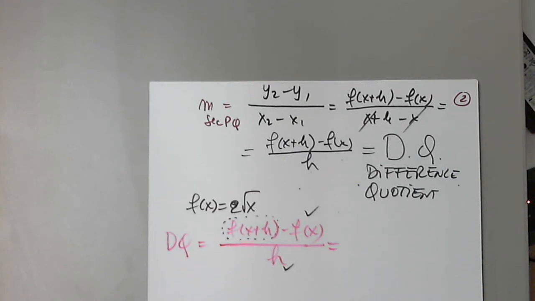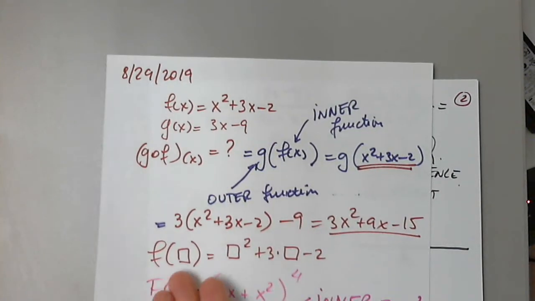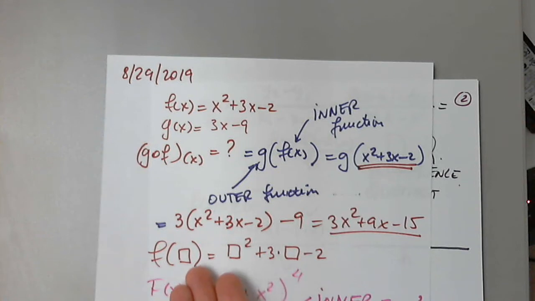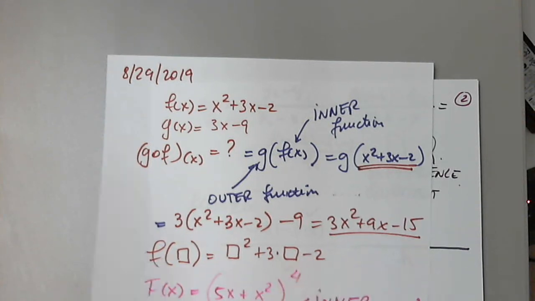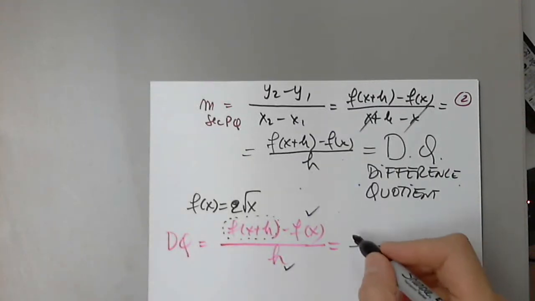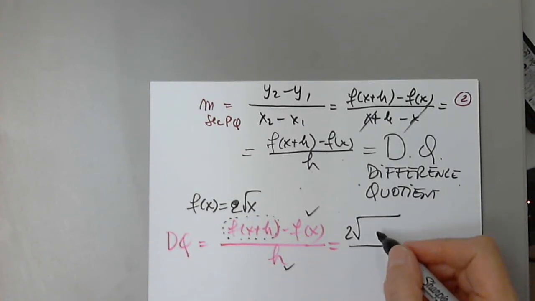So, what is it? How do I determine f of x plus h, and can anyone dictate it? We just talked about it with a different function. 2 radical x, 2 radical x plus h.